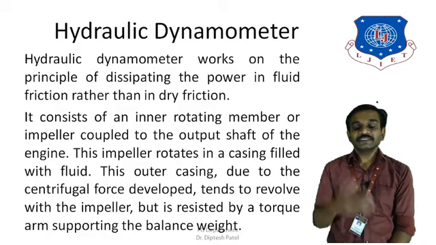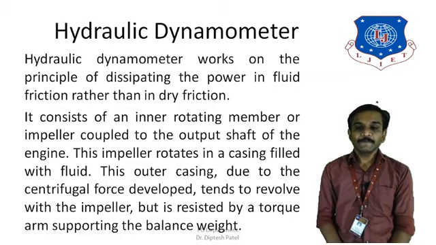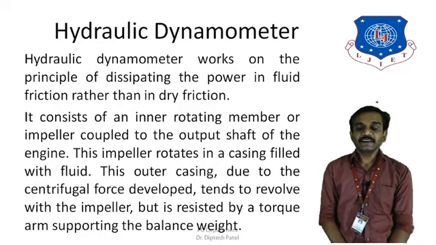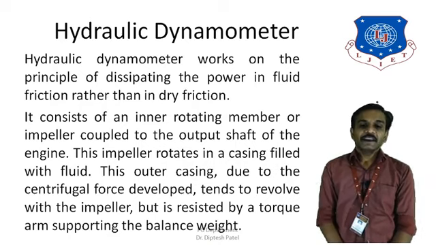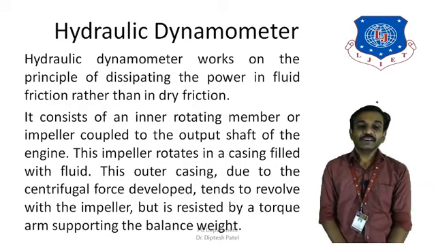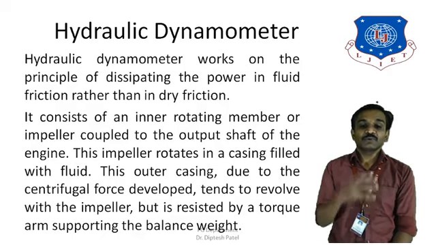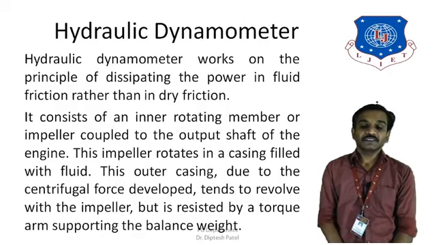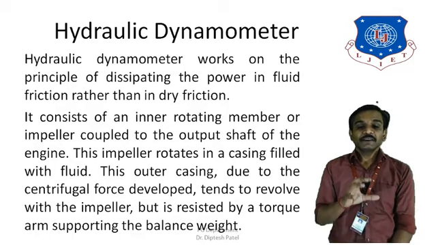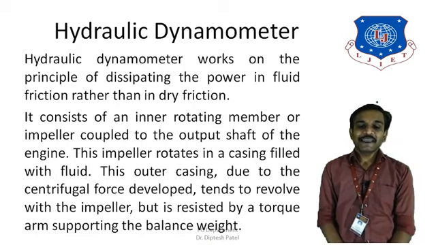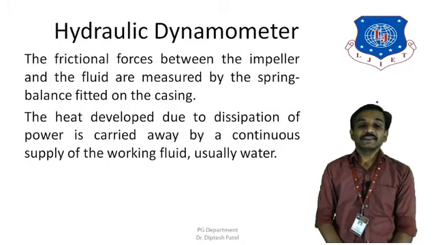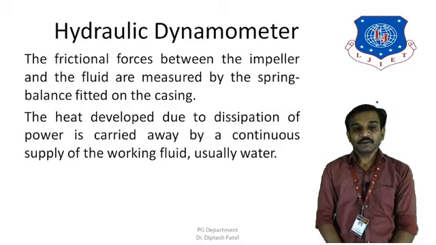Once the rotor starts rotating, it pushes the fluid in the casing, and the fluid creates centrifugal action inside the casing, so the outer casing also tries to rotate along with it. Now the motion is resisted by the torque arm supporting a balance weight provided at one end, and this is how we can measure the brake horsepower of the engine.